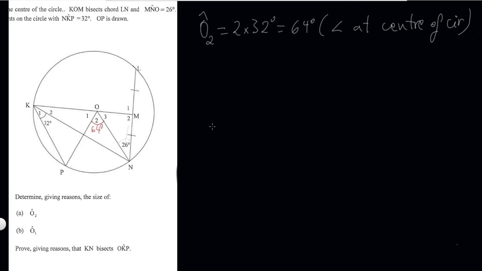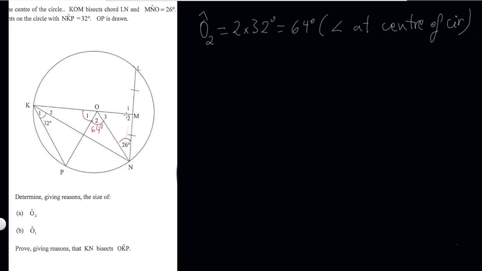Now, the next question is O1. What will be the angle O1? Before you go to O1, if I look here, O1 is this angle. Now, if this angle is 62, remember, it's given to you something called the chord.